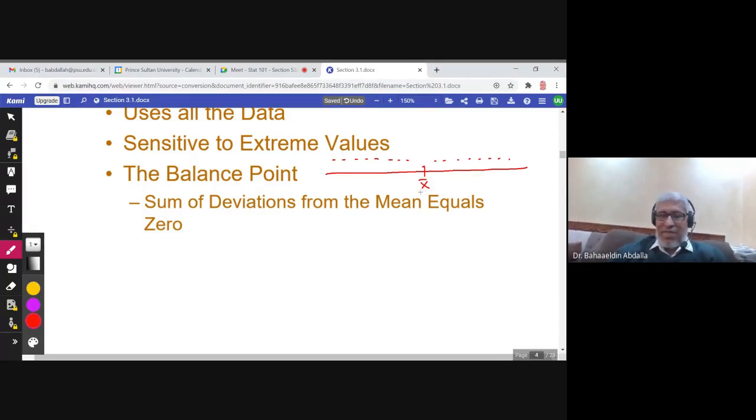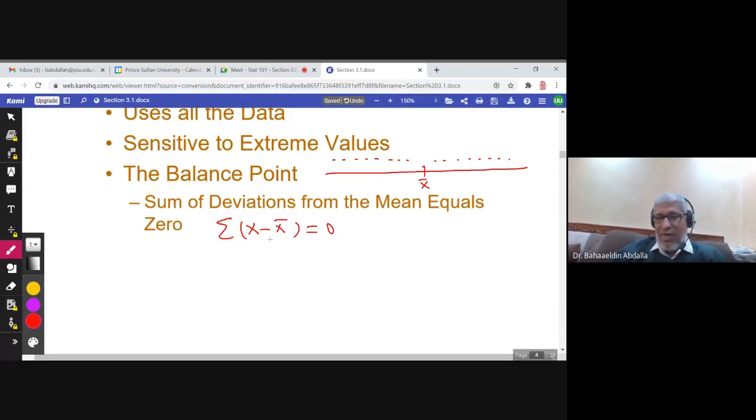So this means it is the balance point. Sum of deviations from the mean. Deviations from the mean, meaning X minus X bar. This is the distance between the values and the mean. Sum of deviations from the mean is 0. Okay, summation X minus X bar is 0.